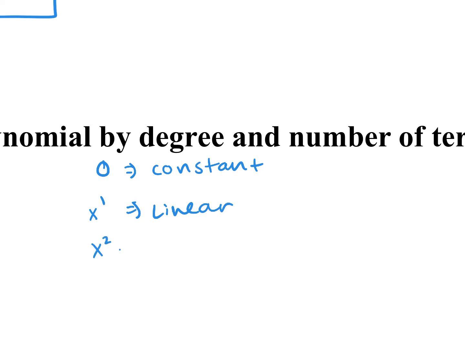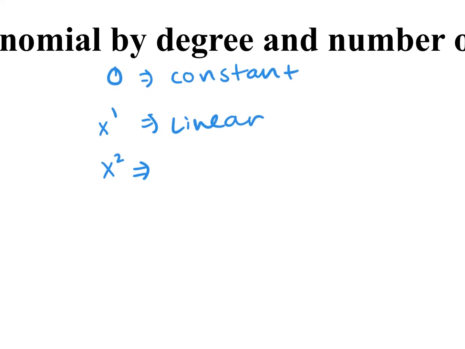If I had x squared, so the degree of 2, what would that be? Quadratic. So if I have the third degree, degree of 3, what do we call that? Cubic, perfect.